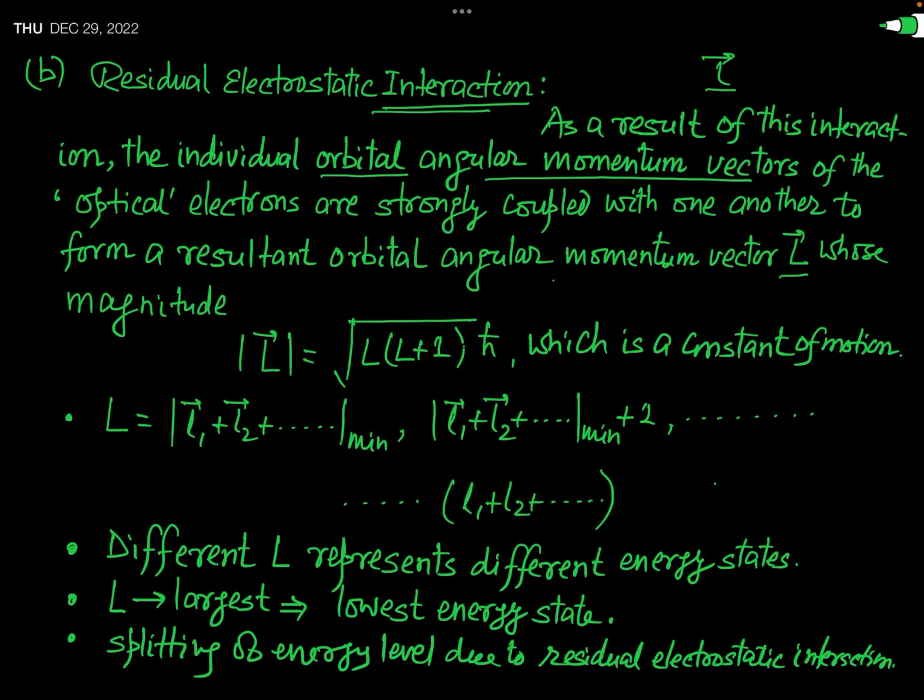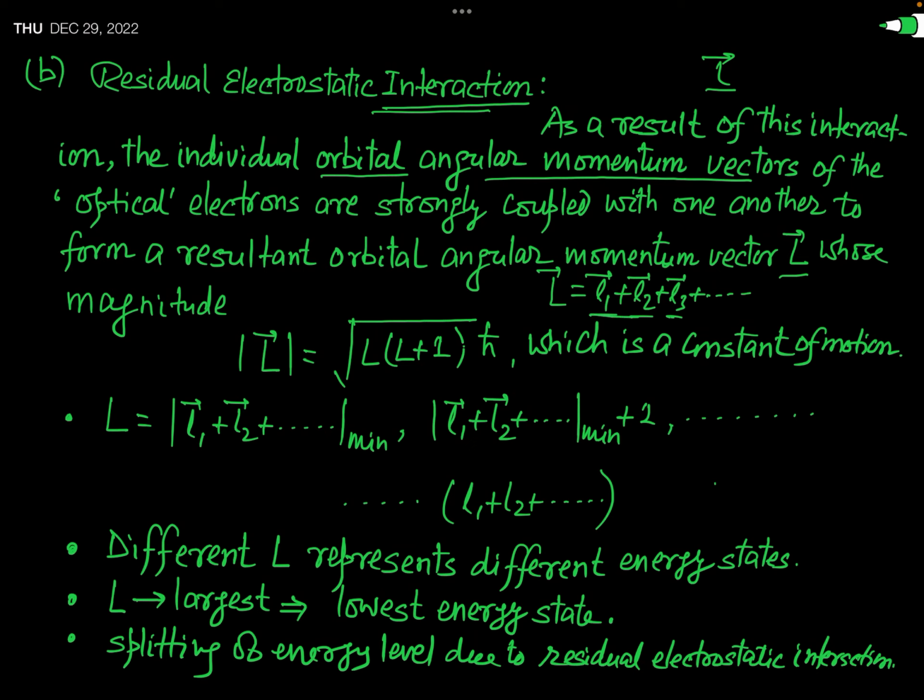It means you can say that this capital L is equal to l1 plus l2 plus l3 plus so on. Actually here small l1, small l2, small l3 are the orbital angular momentum vectors of the individual optical electrons of an atom.